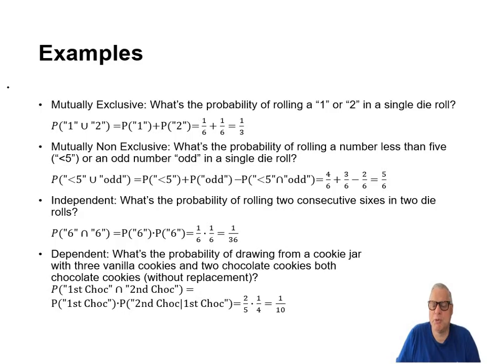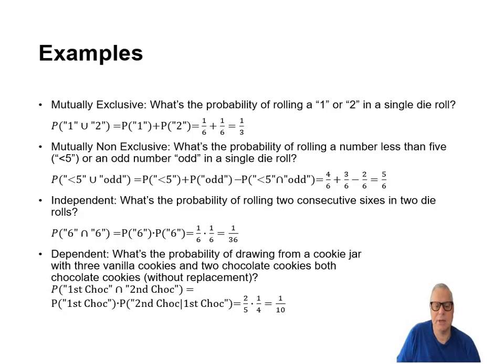So what's the probability of rolling a 1 or, again, so this is or, that tells you, okay, this is the addition rule. And then we say the probability of 1 union 2 is equal to the probability that you get a 1 plus the probability that you get a 2, 1 over 6 plus 1 over 6, 2 over 6, or 1 over 3.